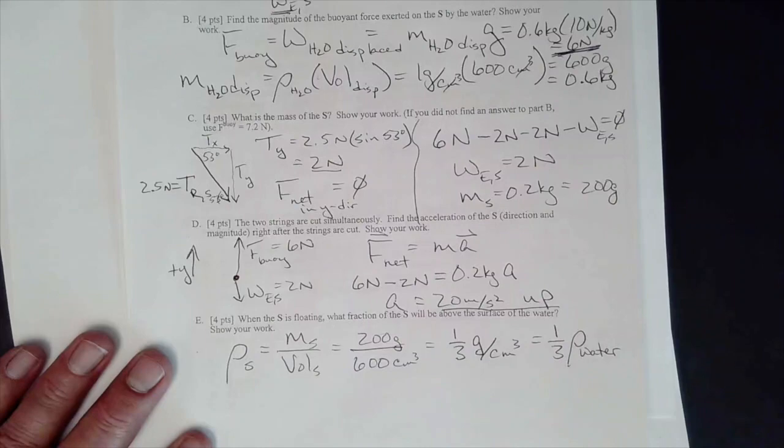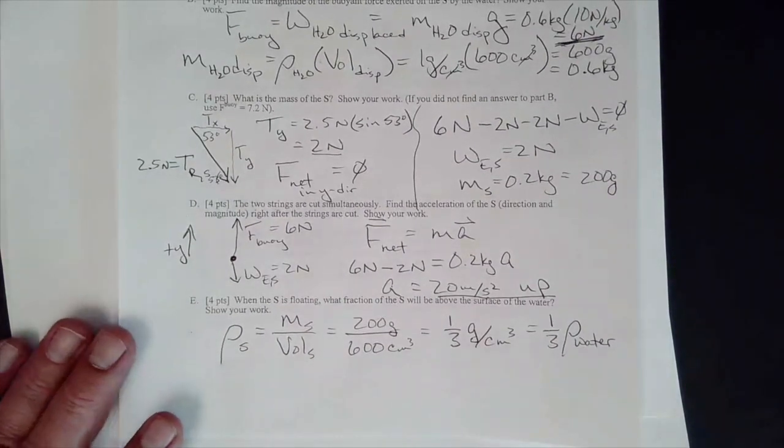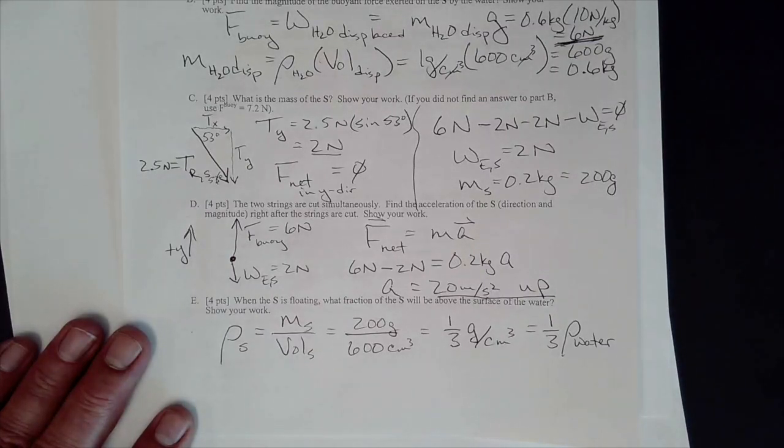Now, we talked about that iceberg, and if the iceberg had 90% of it submerged, that meant, we showed in class, that the density of the ice was 1/3 the density of the liquid. And so here we have a density for the S that's 1/3 that of water.